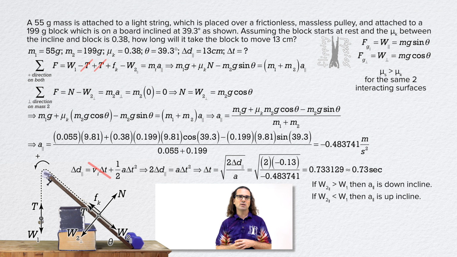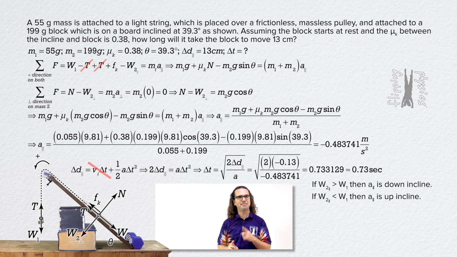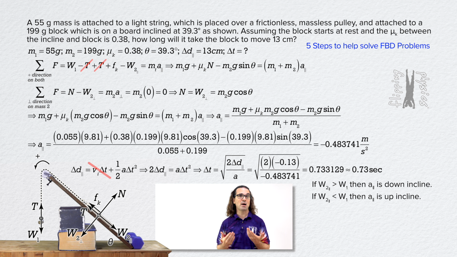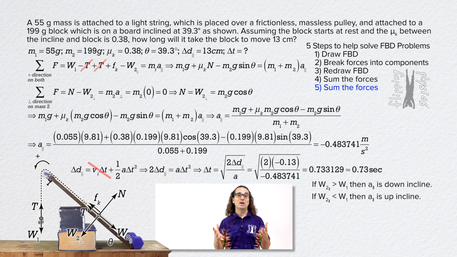Now, I also want to review a couple of new things. We still have the same 5 steps to help solve any free body diagram problem. Bobby, what are those? Draw the free body diagram, break forces into components, redraw the free body diagram, sum the forces, and sum the forces in a direction perpendicular to the previous direction. Right. However, please notice that we can sum the forces more than twice now.